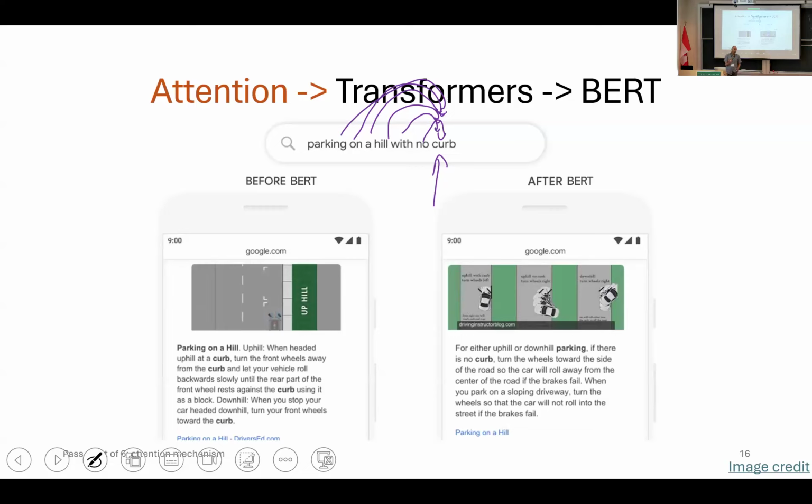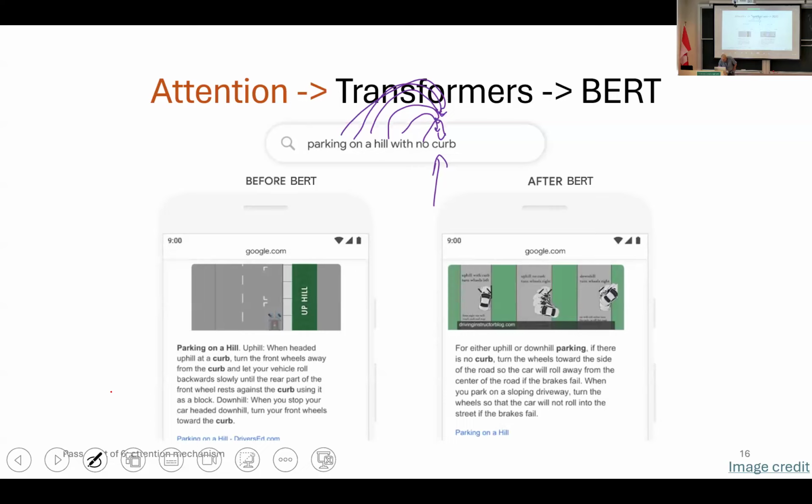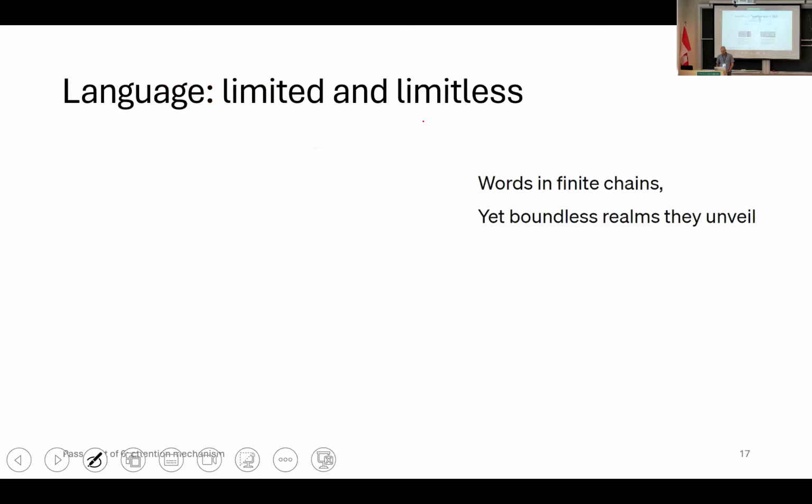Through its training, it learns that when the word curb is there, and the word "no" is in the sentence, "no" must receive a lot of attention, it must have a lot of influence on how the word curb is embedded. Because curb and no curb are fundamentally different, to the point that the embedding of the word curb after "no" should be different from the embedding of the word curb after anything other than "no". So this is the attention mechanism.